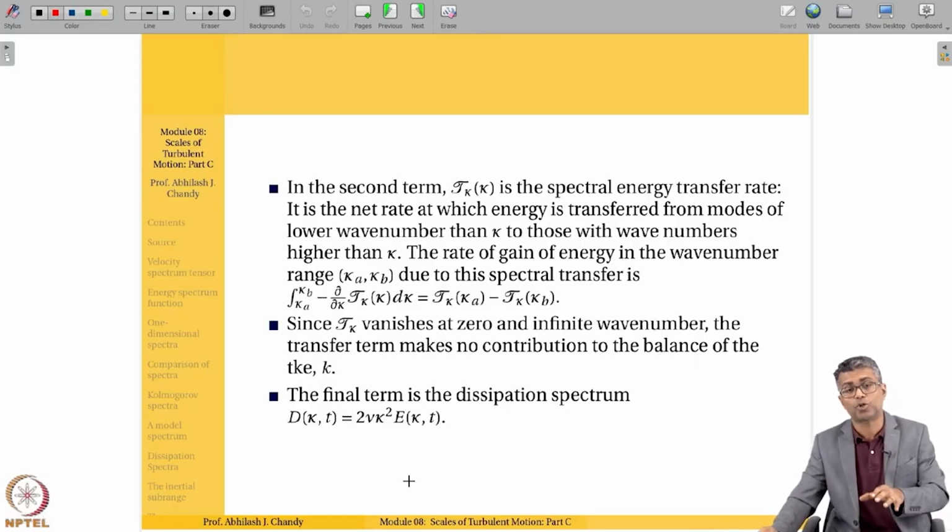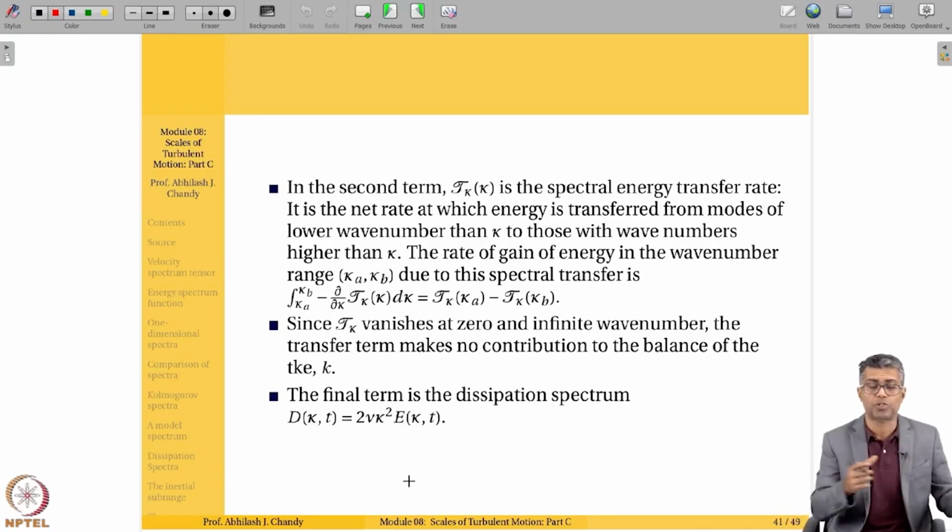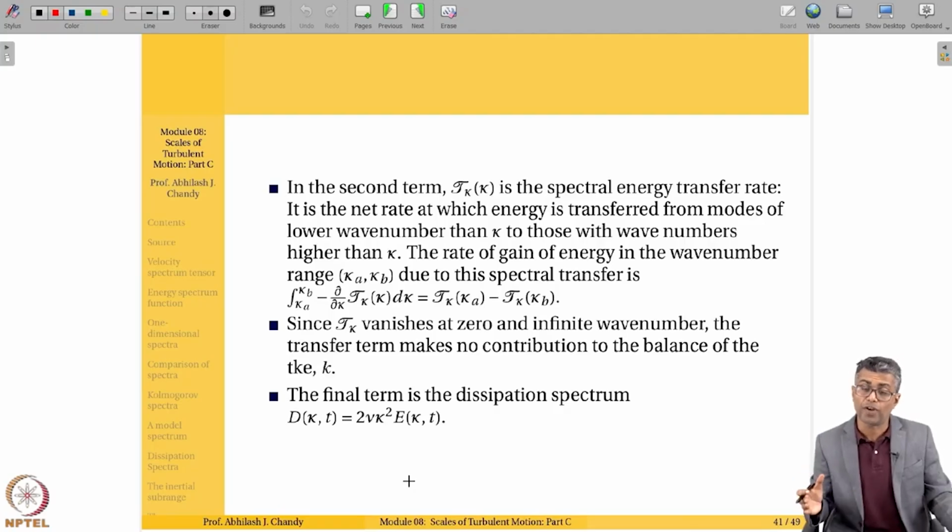The second term has to do with the spectral energy transfer rate. Here, energy is transferred from the large scales to the small scales, isn't it? So it is essentially transferred from the low wave numbers to the high wave numbers, from the modes of wave numbers lower than kappa to wave numbers higher than kappa, because it goes from low to high.